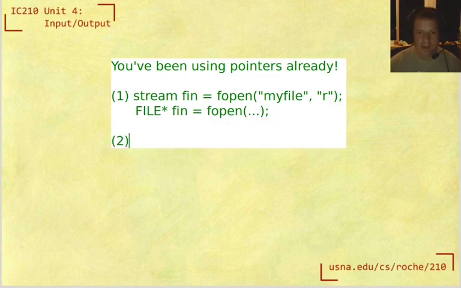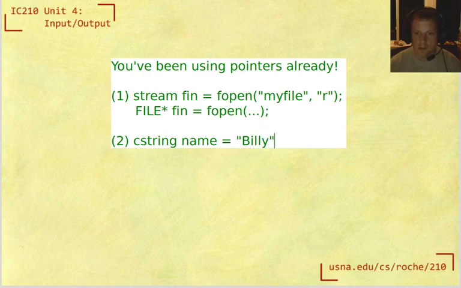And the second example, which is a little bit more subtle, is when we're using the C string type, which is the other type that's defined in the IC210.h file. If we have this C string name, what is actually the type of this when we're calling functions?